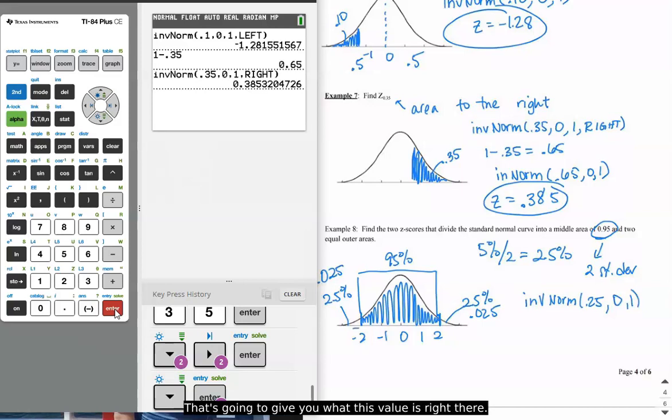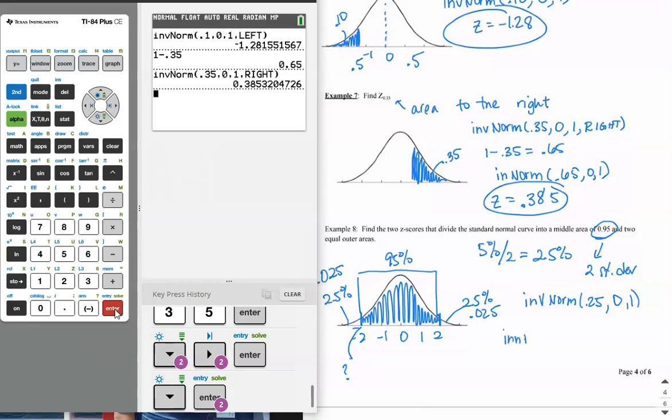That's going to give you what this value is right there. Okay. So if you have the newer model, you can do inverse norm. You can do 0.95, right? That's the center. You have 0, 1, and then you're going to have to tell the calculator that it's the center.